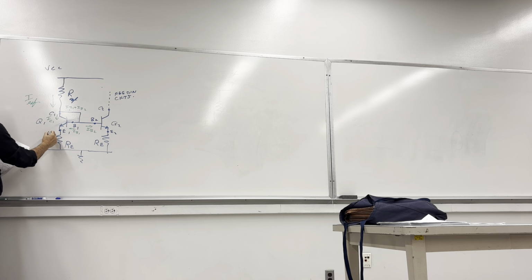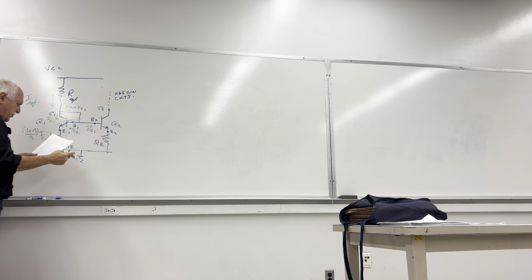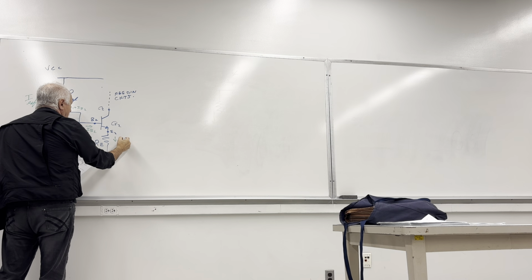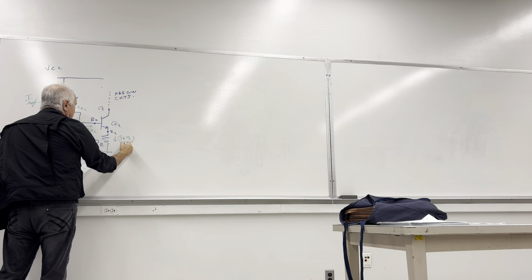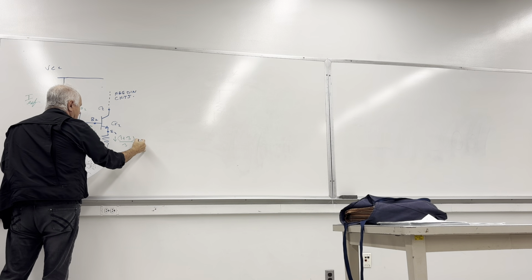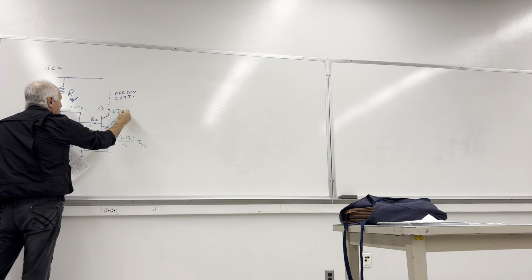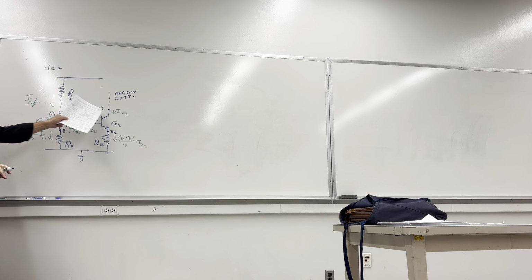And here is a current going down here, which is equal to 1 plus beta over beta of IC1. Collector current, emitter current, remember, emitter current is a tiny bit higher than the collector current. Also, there is a current in here, which is equal to 1 plus beta over beta times IC2. IC2 is the final current, that we want to use as a current source.